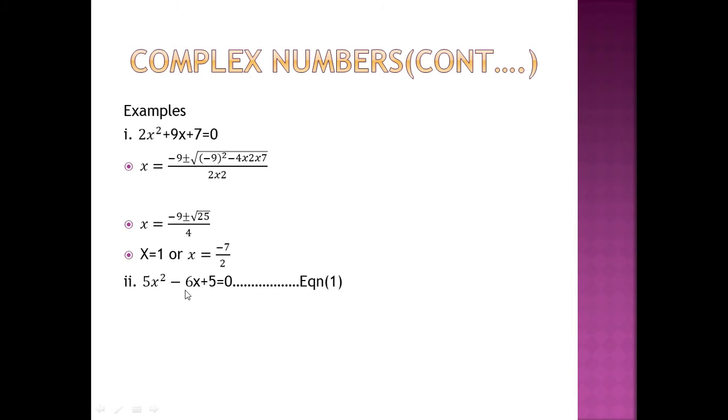But let's see example 2, in which we have 5x squared minus 6x plus 5 equal to 0. Let's call it equation number 1.